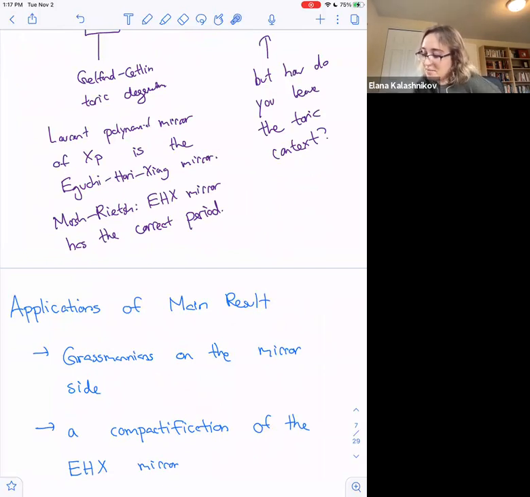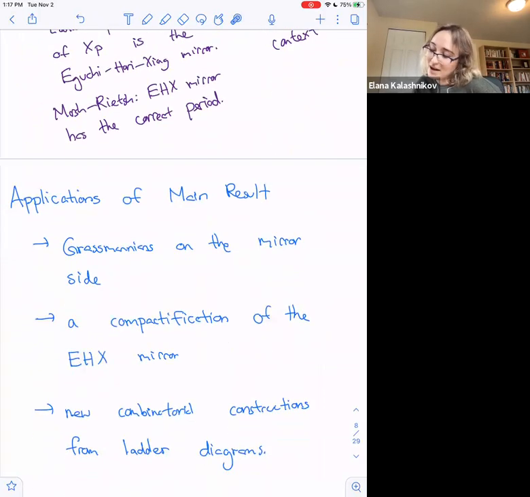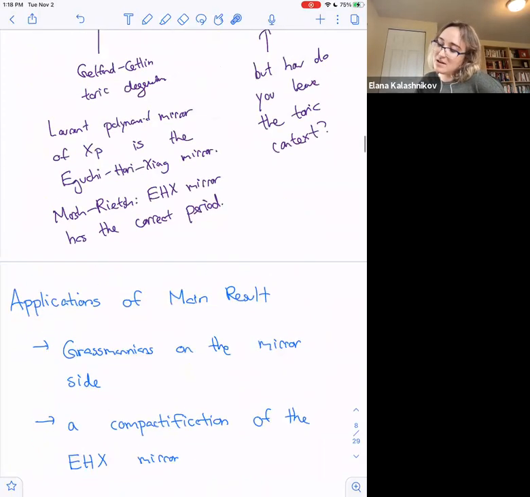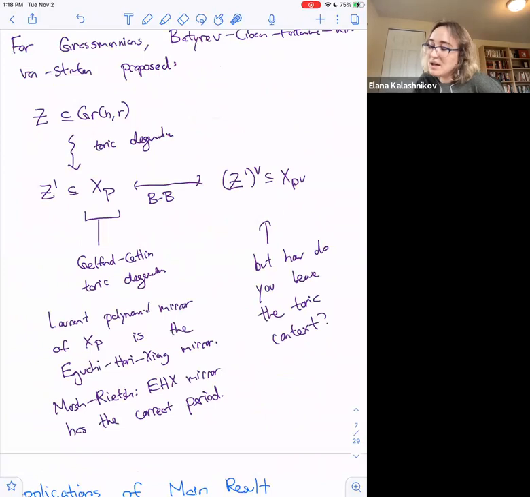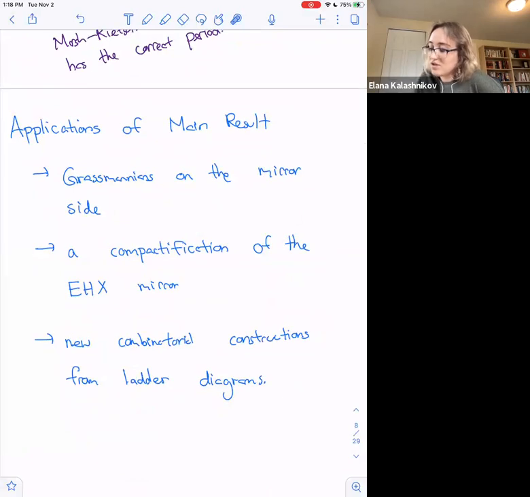It is going to give a compactification of the EHX mirror, so that's going to be a candidate mirror to the anti-canonical Calabi-Yau in the Grassmannian. And then also, if we go back to looking at this toric degeneration, it's a really beautiful and influential toric degeneration whose combinatorics have come up in a lot of different places. And so we're going to see some new combinatorial constructions coming up on the mirror side from these ladder diagrams.